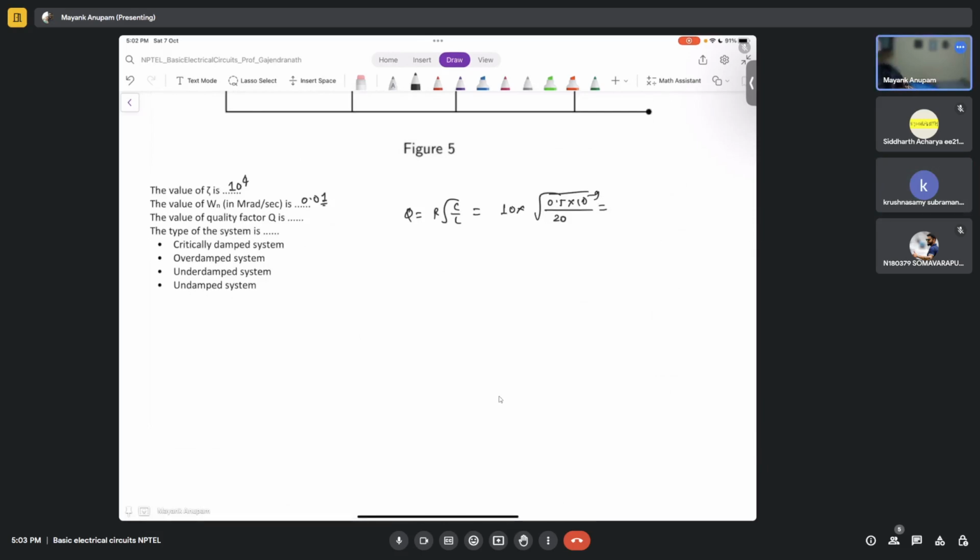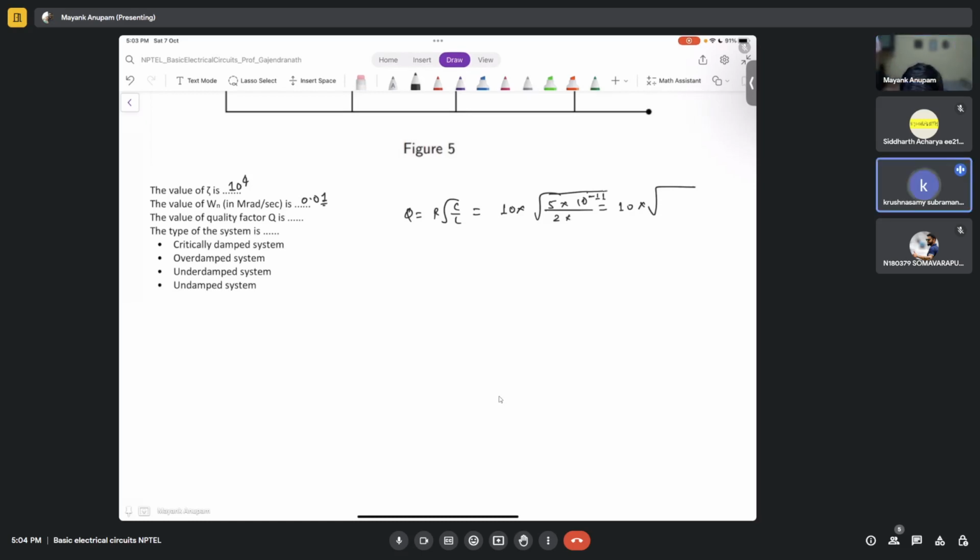This will be how much? 10 into 5 into 10 to the power minus 10 over 20. So this is actually 10 to the power minus 11.